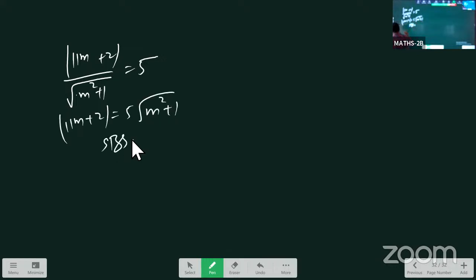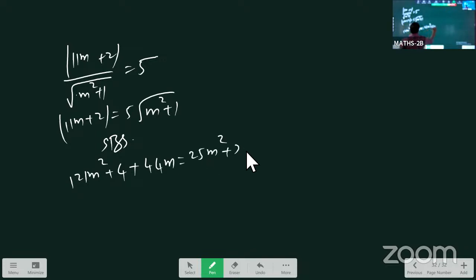Squaring on both sides: 121m square plus 4 plus 44m equal to 25m square plus 25. Bring all the terms inside: 96m square plus 44m minus 21 equal to 0.